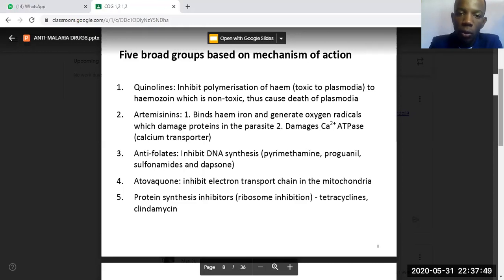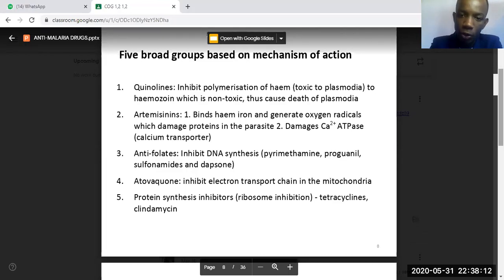Okay, so as these parasites infect the red blood cells, you know that red blood cells have 2 components. There is the hemoglobin, which can further be broken down into heme and globin. Now, they use the globin as protein, and the heme is polymerized and changed into hemozoin.